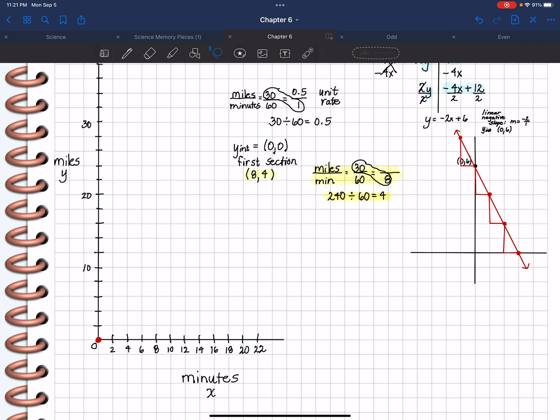So 8, 4, that's going to be the first point that I plot. So I go over to 8 minutes, and I go up to 4 miles, and I drop a point. So this was that first leg of her journey where she drove to the red light.